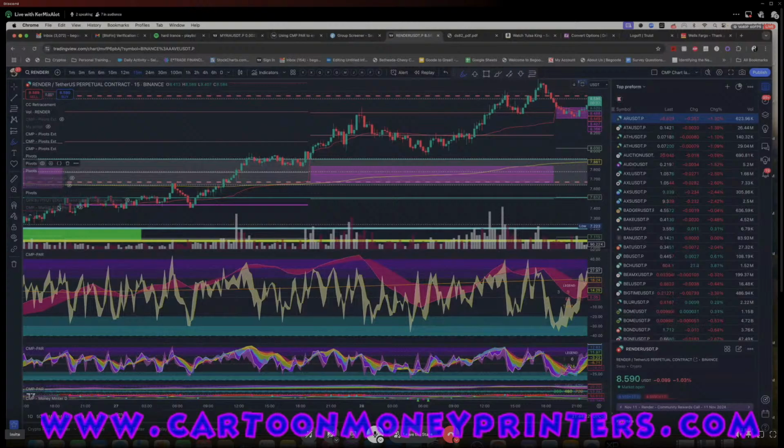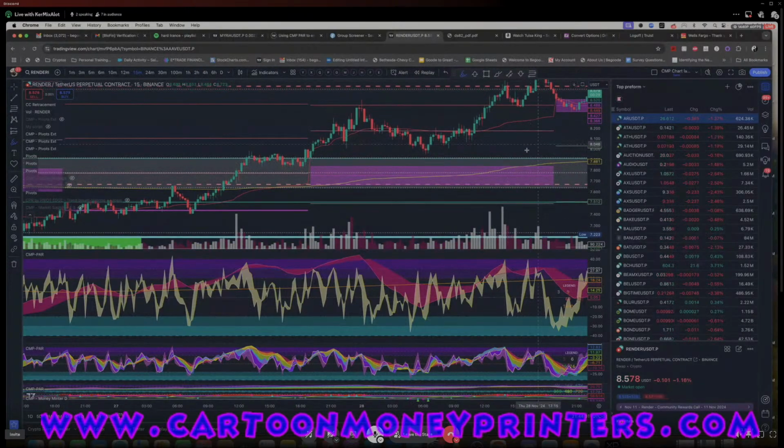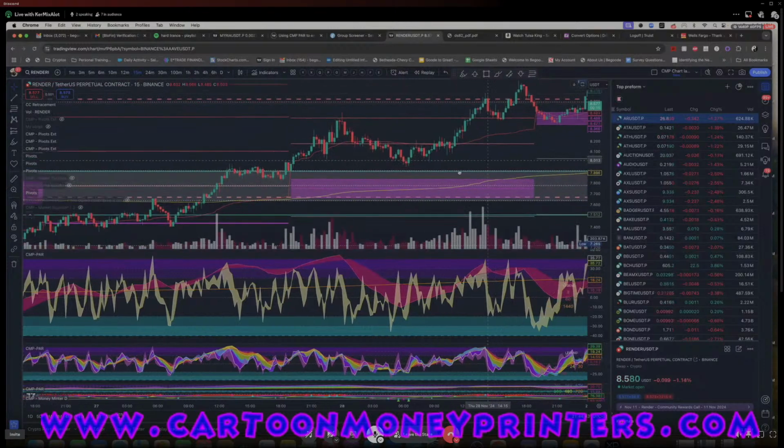All right, so Render didn't have a very clear hidden bullish divergence. Okay, so it's not always going to happen. But it did have a long signal, but it's not what we're going over tonight. So I can't show the example on Render, at least not on that part.